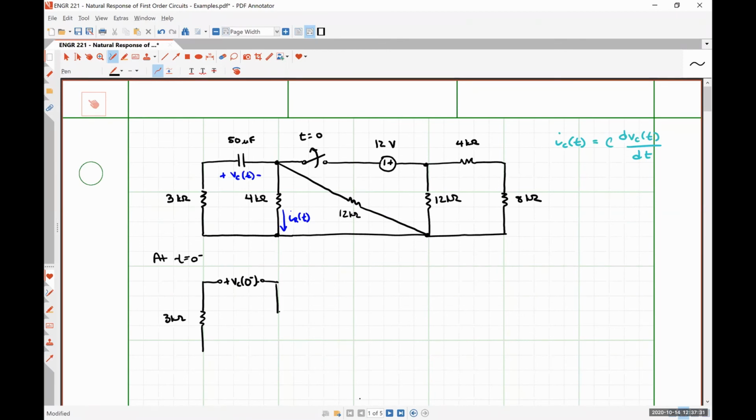Our switch is closed at t equals 0 minus, so I'm replacing the switch with a short circuit. Here's my 12 volt source, resistor, resistor, resistor.